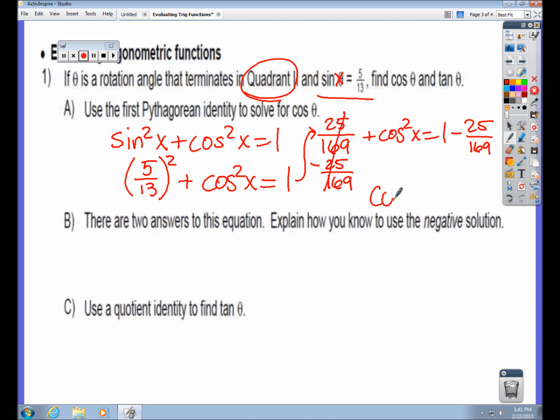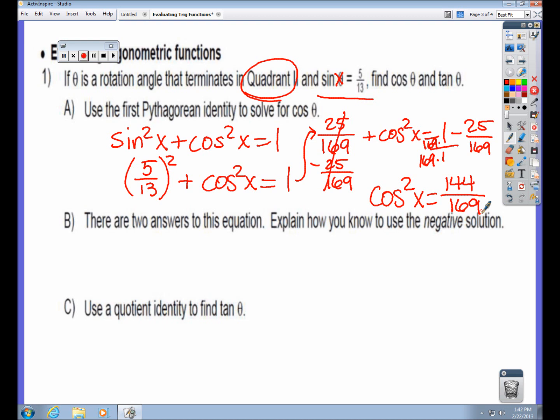So we're going to end up with cosine squared of x equals some number. To get our common denominator, it's going to be 169. So the 1 I'm going to change to 169/169. And then 169 minus 25 should be 144/169. The denominator does not change when you subtract fractions.